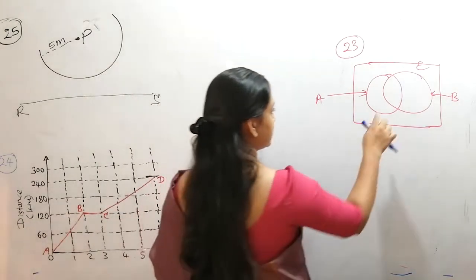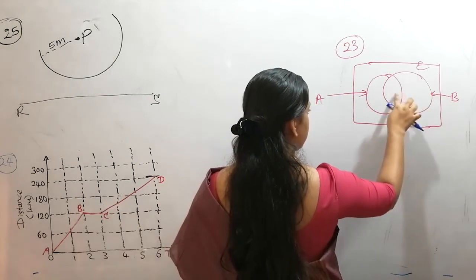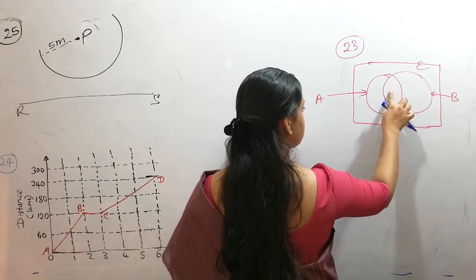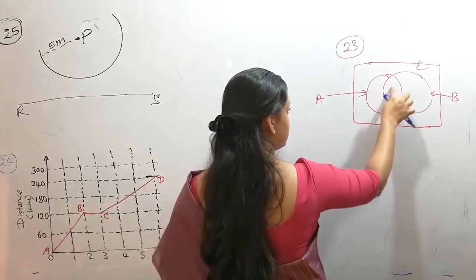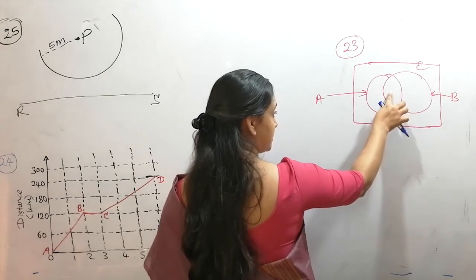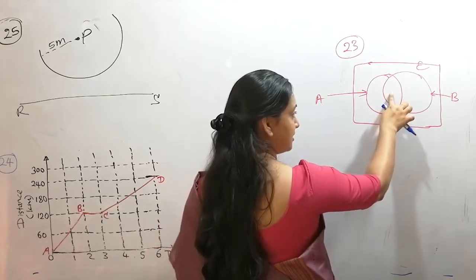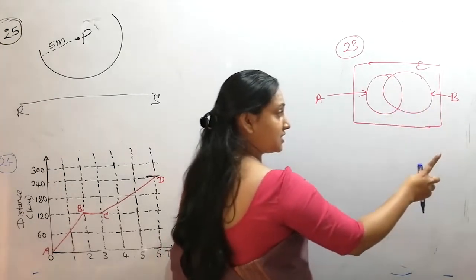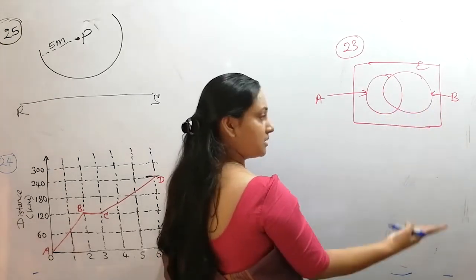In this area, the intersection of A and B, are the students who prefer to study both subjects. But we have to select the students who prefer to study only one subject, it can be science or mathematics.